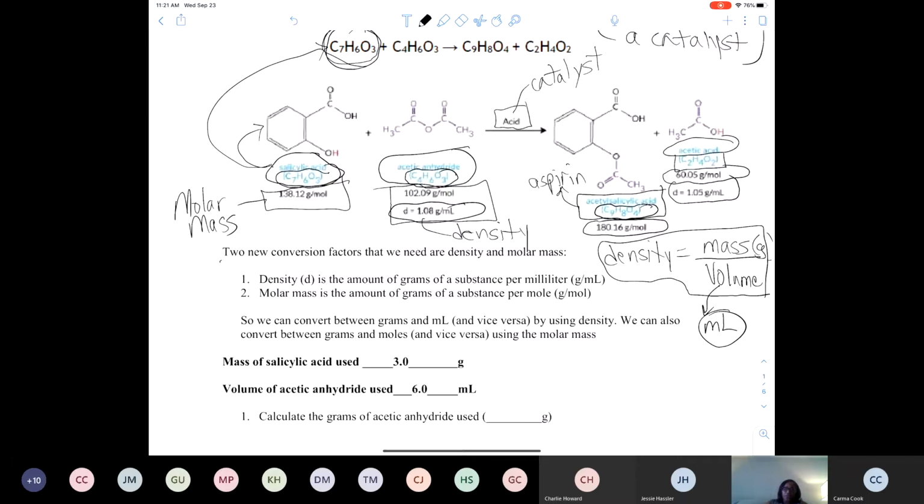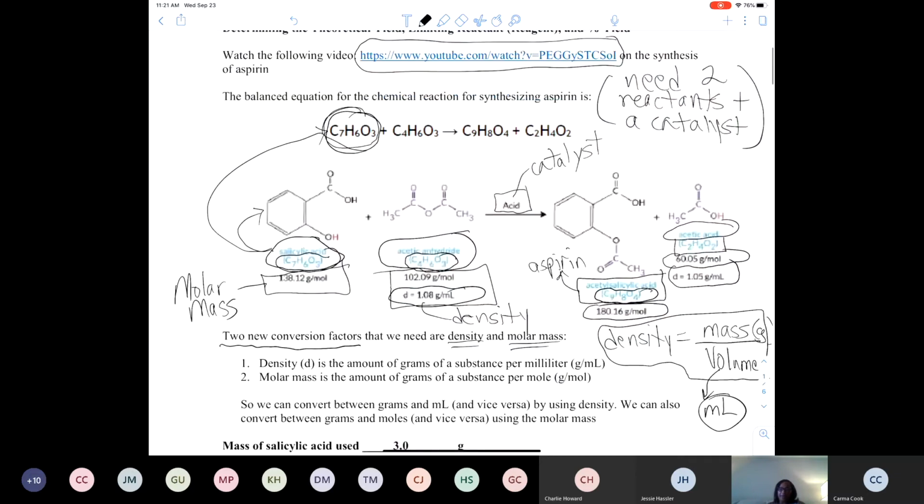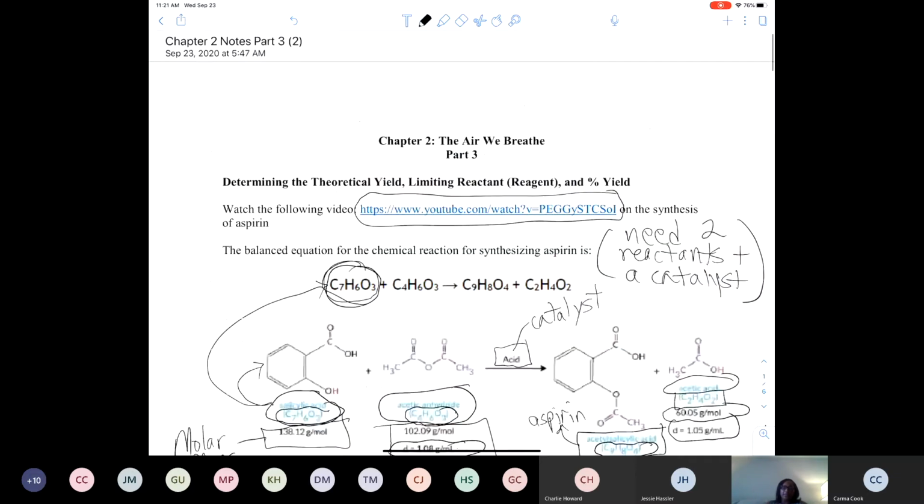These are two new conversion factors that we now get to work with, density and molar mass. So we can convert between grams and milliliters if we know the density of a substance. We can interconvert between grams and moles of a substance if we know the molar mass of that substance.